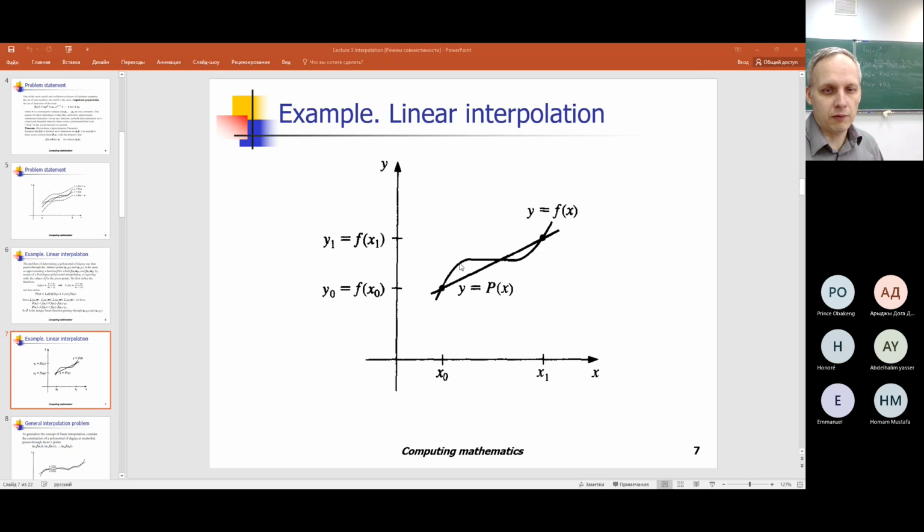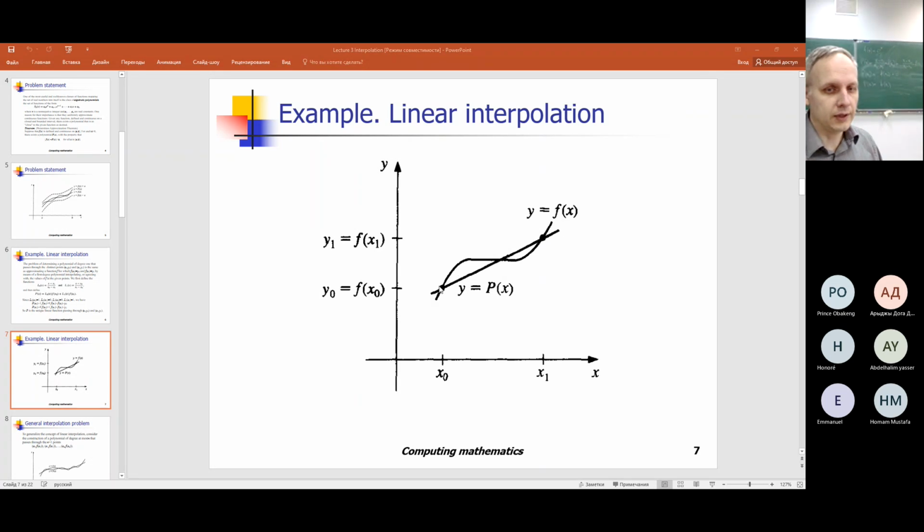This is a graph of the function. The function can be non-linear, any continuous function that passes through the points x0 and x1, and the polynomial of the first degree y equals p of x.